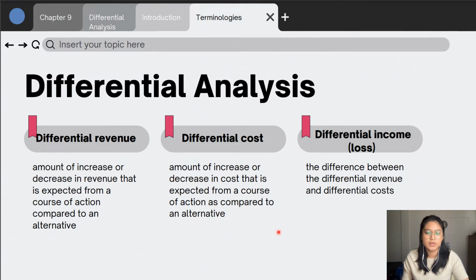And in order to come up with that decision, we're going to discuss the steps and the objectives on how to have the correct facts on deciding which would be the best alternative course of action.